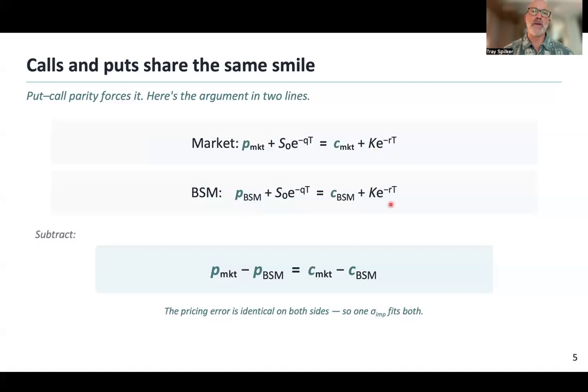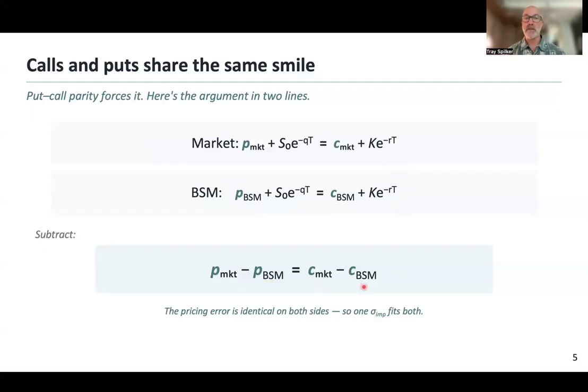So when we take these two at face value and simplify, it must be the case that the difference between these, subtracting these two parity equations, cancels out the spot price and the strike price rates. So it must be the case that any differences between the put price observed in the market relative to the model must equal the difference between the call price observed in the market relative to the model.